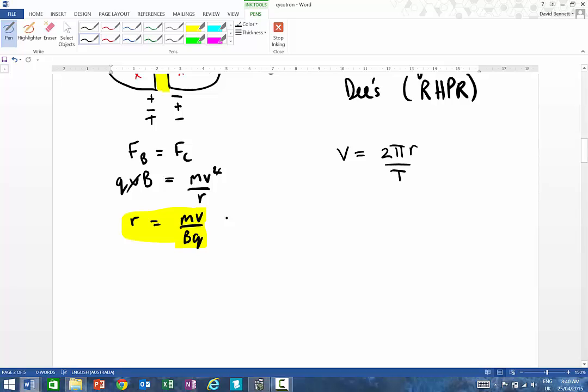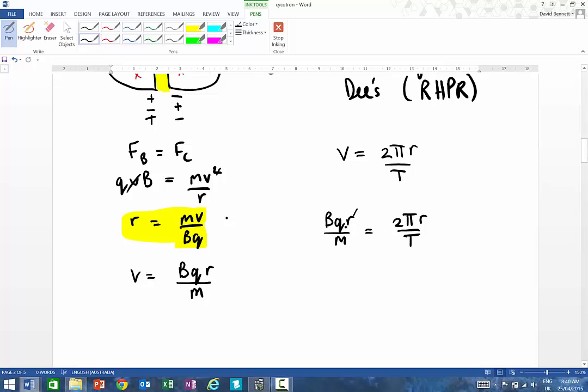Alright, so if I rearrange this equation over here, I can get v is equal to simply BQR all over m. That has to be the same velocity as what we've got over here, so what I can do is equate those two things. So I can have BQR all over m is equal to 2 pi r all over T.